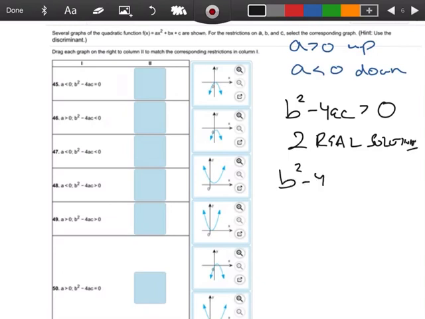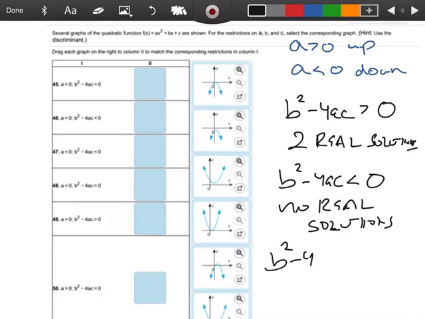When the discriminant is negative, no real solutions. And when the discriminant is equal to 0, one real solution.